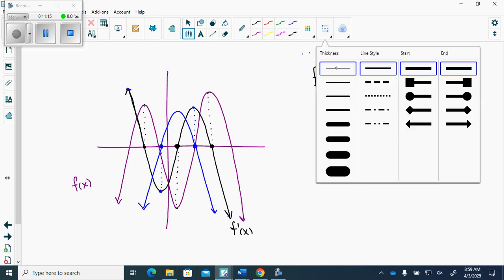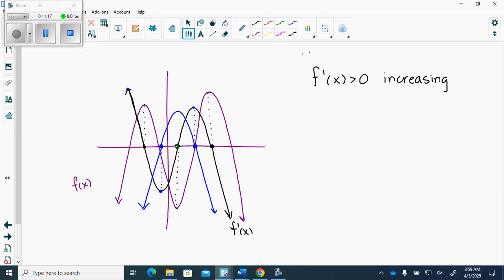So my maximum, once again, comes down here. My maximum, my blue graph, correct? Then from here to here, what's it doing? Increasing, so it needs to be above. And people are like, how do you know to draw it like that? I could draw it flatter, but it has to be above, and I need to get a line, correct? And then here to here, it's decreasing.